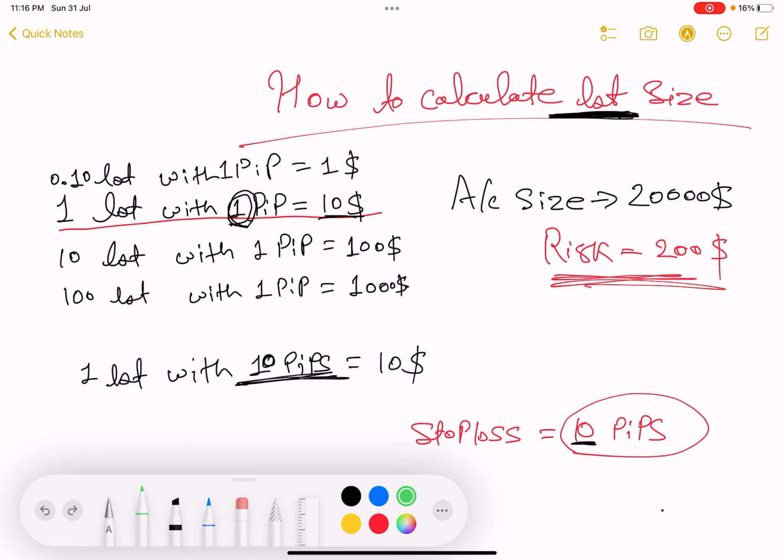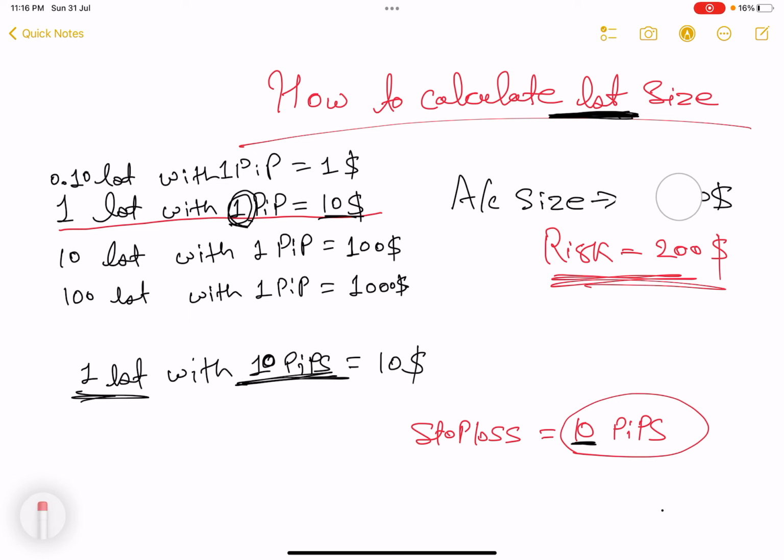So let's just say in this example I am trading with $5,000. Okay, I am trading with $5,000, so I am just removing everything from now. For just a few minutes I am removing everything. Let's just change this, sorry.